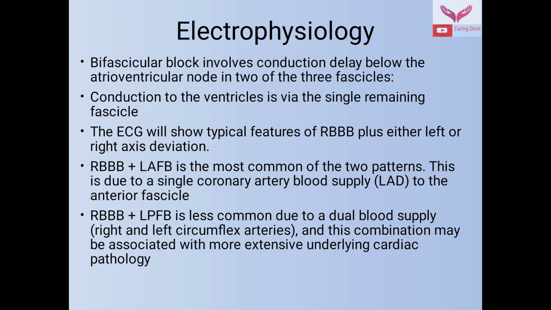The right bundle branch block and left anterior fascicular block is the most common of the two patterns, and this is due to single coronary artery blood supply, that is left anterior descending to the anterior fascicle. The right bundle branch block and left posterior fascicular block is less common due to dual blood supply, that is right and left circumflex arteries, and this combination may be associated with more extensive underlying cardiac pathology.